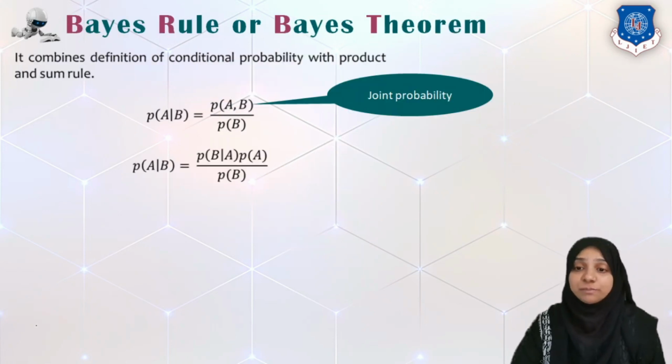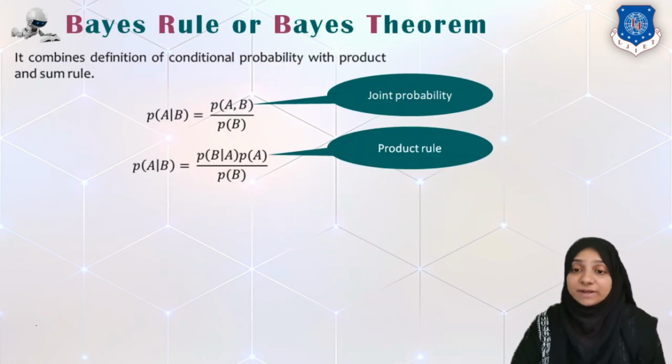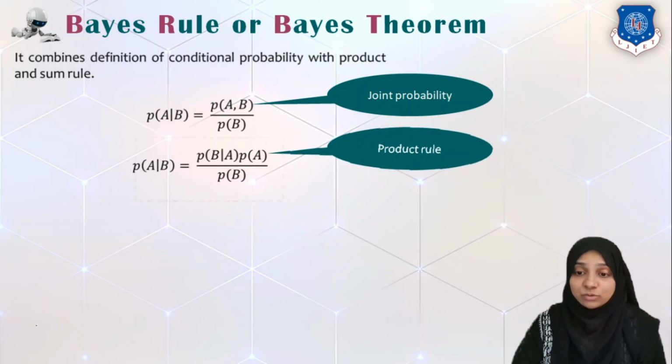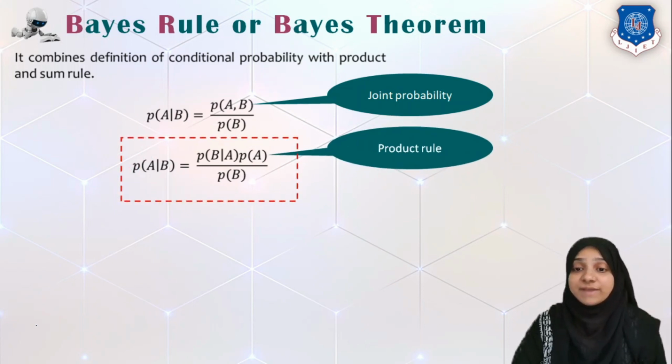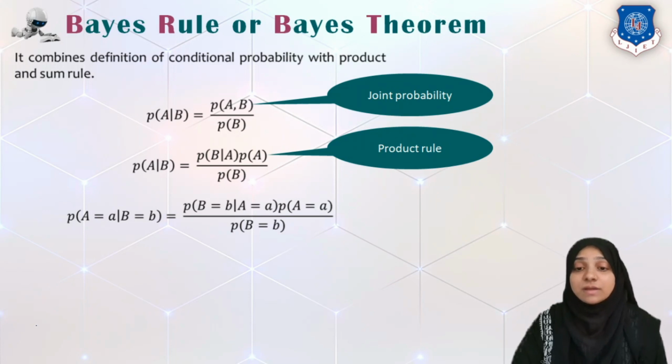So this is my joint probability. Joint probability is substituted by a product rule. This product rule we have already seen how it happens. And if there are different outcomes of event A and different outcomes of event B, the complete conditional probability is given by substituting outcomes in each event.